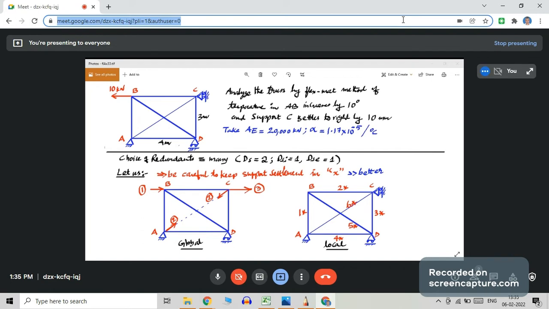Okay, now I increase the complexity of this problem. By this solution, you must have noted that the support settlement at C, C is the top support, was directly coming into global coordinate 3. That support settlement at C, 10 millimeter, we have taken directly into small x2. Small x is the displacement.